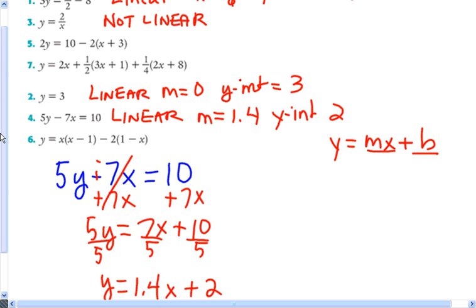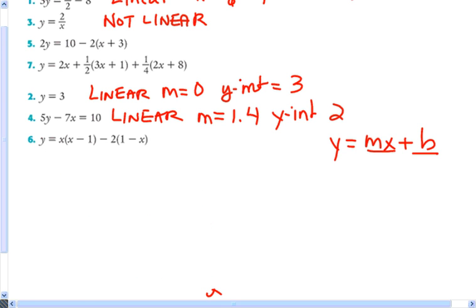All right, I'm going to do one more, number 5, and then we'll do the other couple problems in class. So number 5, we have 2y is equal to 10 minus 2 times the quantity x plus 3. Right here, we have a multiplication.